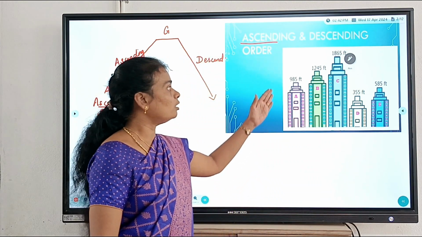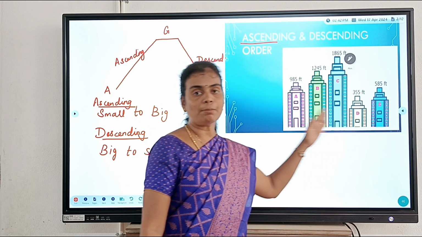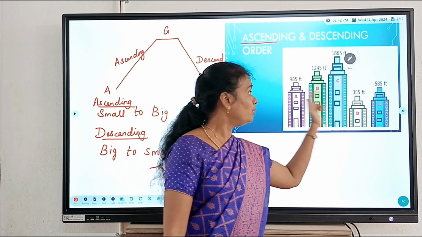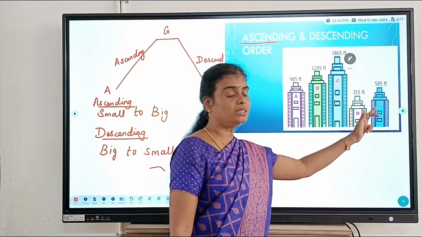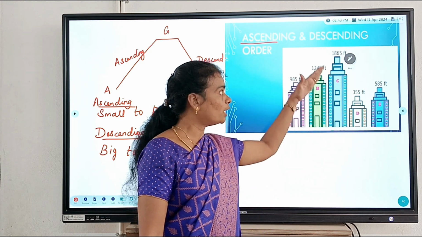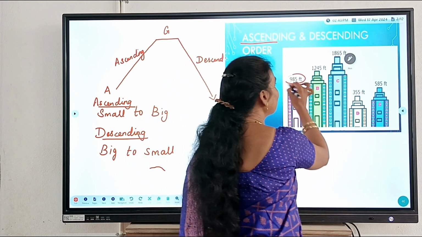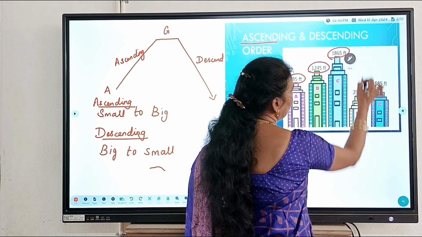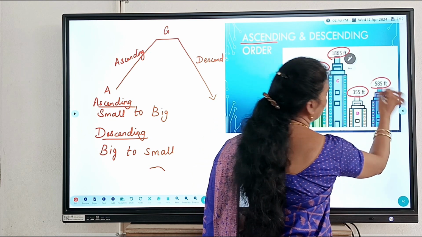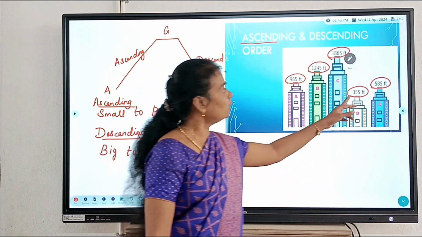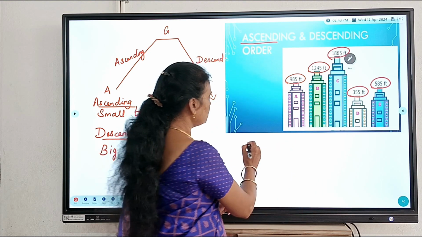Here also you will get many numbers of this kind. For example, the heights of 5 buildings are given here. If you want to arrange this in ascending order, you have to compare these numbers first and find out which is the smaller one, the lowest one. So here 355 is the smallest one.